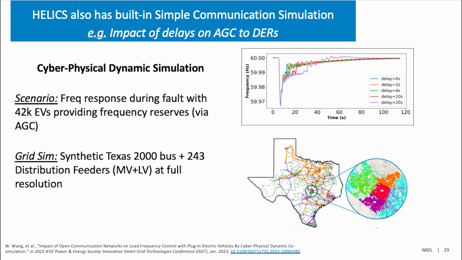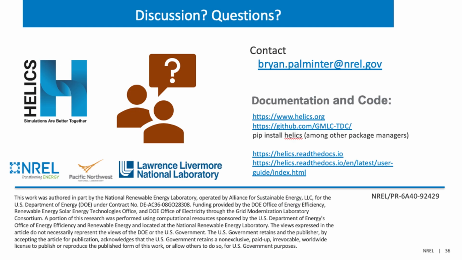There are a lot of fast phenomena, particularly when we look at advanced controls and coordination, whether that's peer-to-peer or even DERMS type systems, where even second and sub-second phenomena can matter, and those delays can really start to add up, especially on backbones like AMI and other systems that weren't designed for low latency. Those can be real bottlenecks, so it's worth capturing, at least verifying that things are going to work okay.